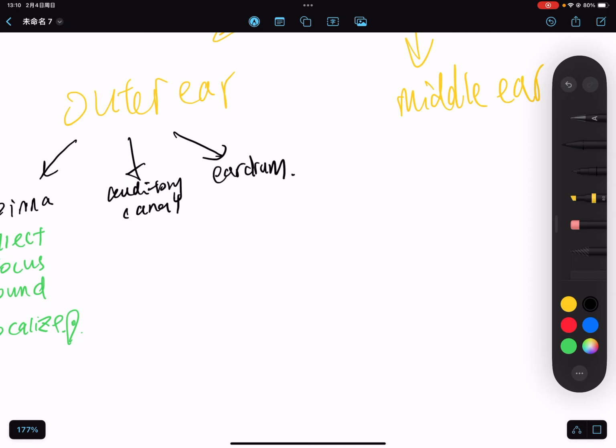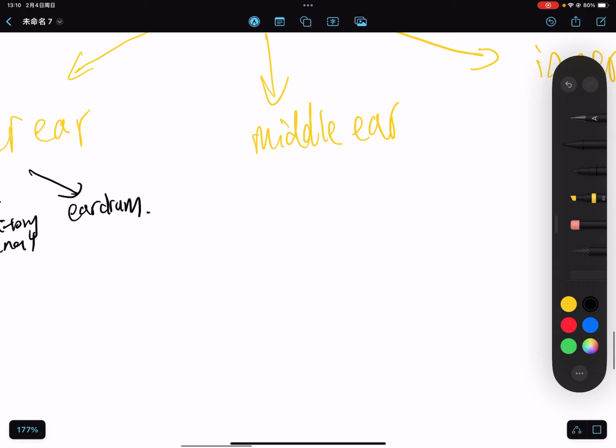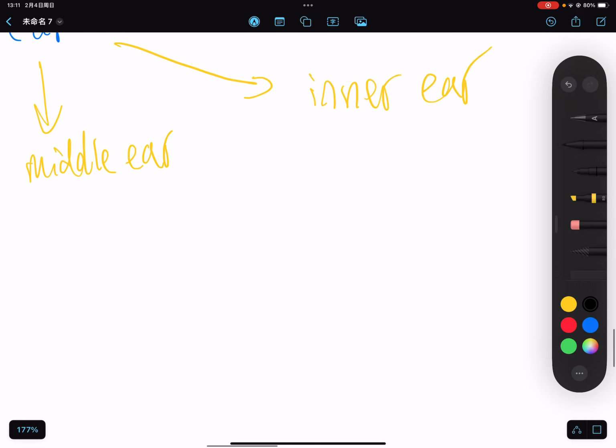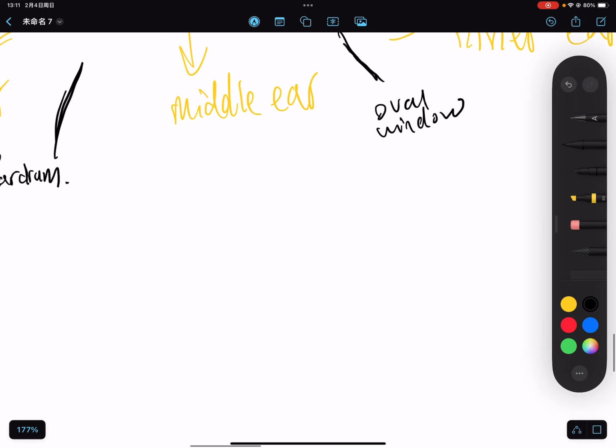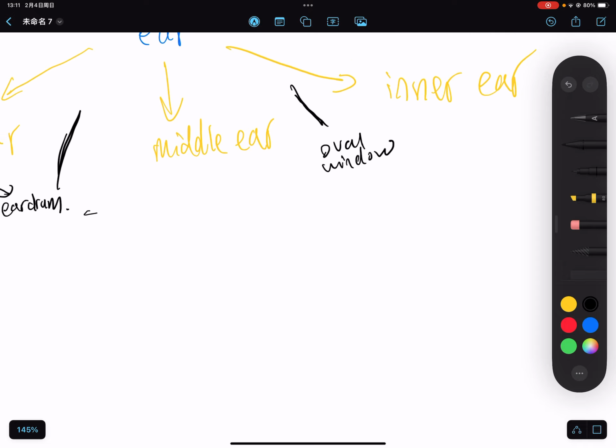And we also have a boundary between the middle and inner ear. This boundary is called the oval window. And the gap between the two membranes is bridged by a series of tiny bones. The purpose of these bones is to transfer sound energy.